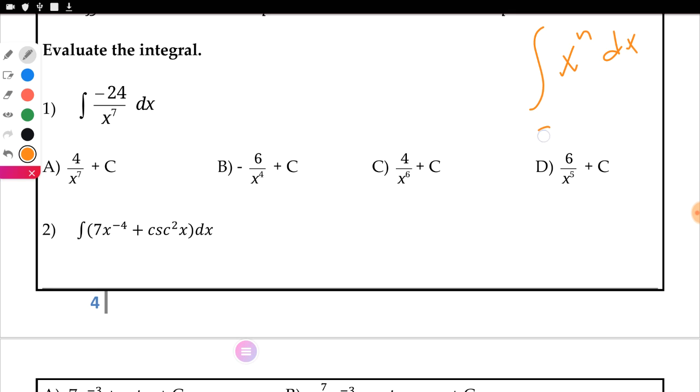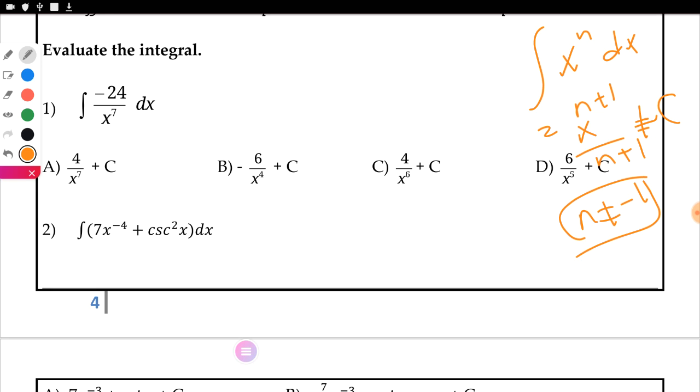When we apply this power rule of integration, don't forget, I apply it only if n is not equal to negative 1. It is impossible to apply this rule if the power of the variable is negative 1.